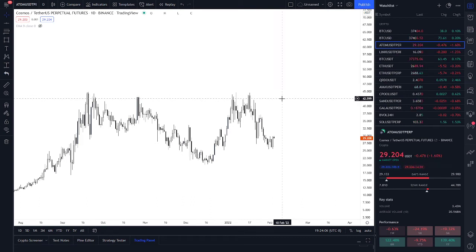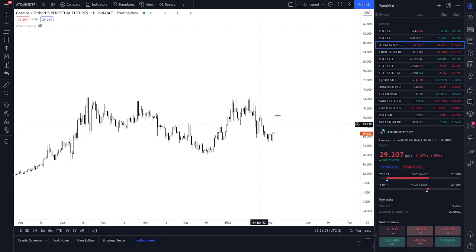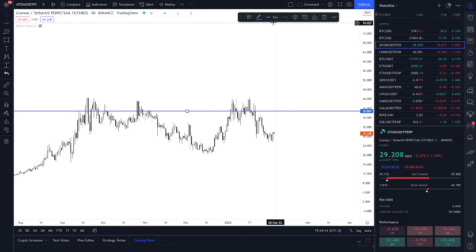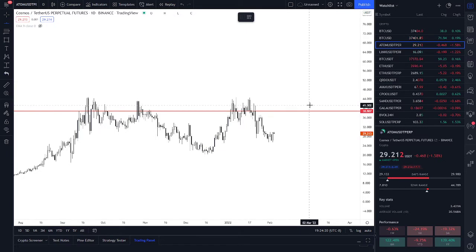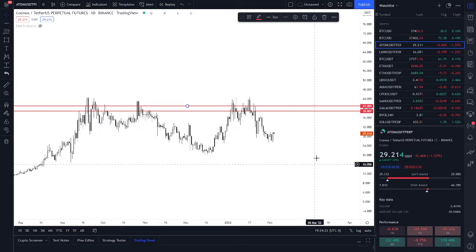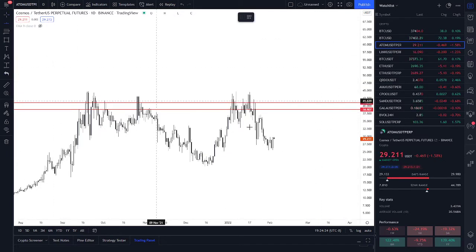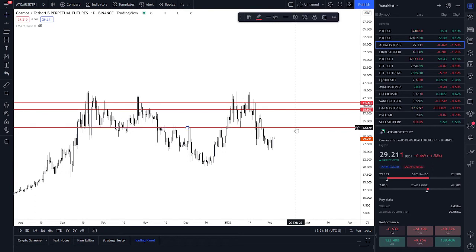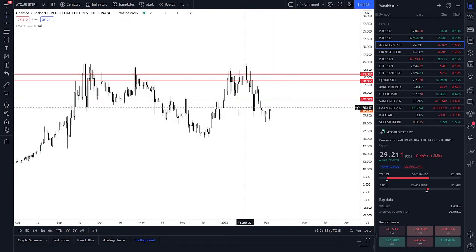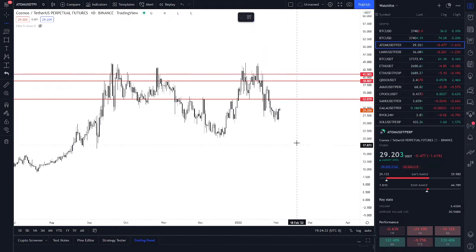So we can draw some red as resistance. Let's come down here. Let's just use that for now. And then we're just going to draw our support lines.